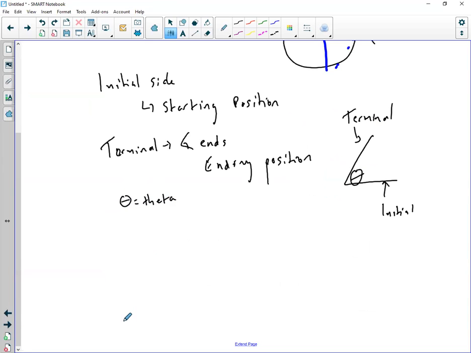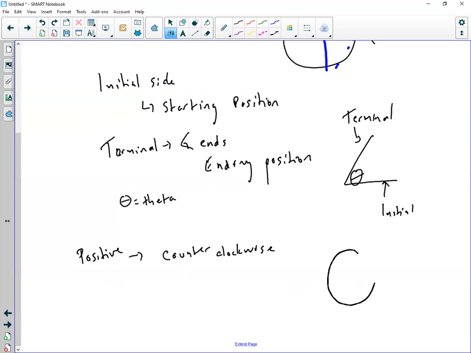The next type of angle that we're going to talk about is a positive angle. And this positive angle means that we are going in a counterclockwise direction. So positive angles move in a counterclockwise direction.